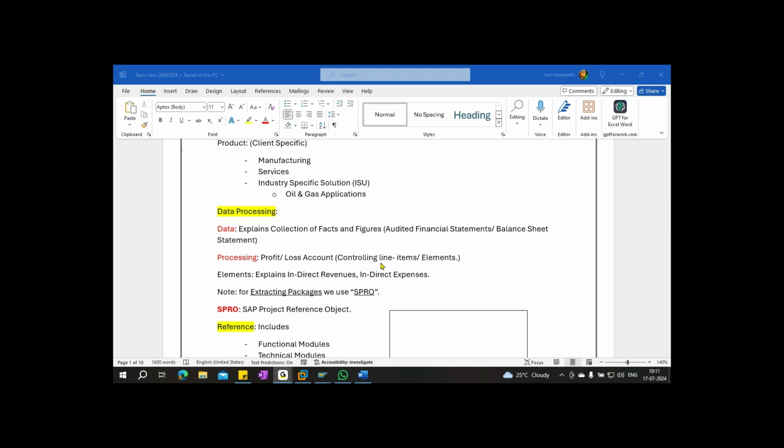Controlling line items or elements. So this is a full form of SAP, System Applications Product in Data Processing.